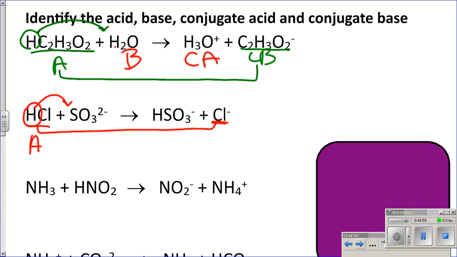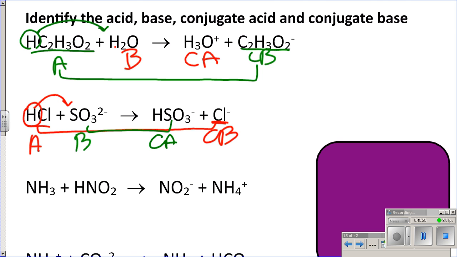So the HCl became Cl-, and it's a what? Conjugate base, right? You make the opposite. And sulfite in this case would be the base because it accepted, right? Bronsted bases are acceptors. And its partner in crime here is the conjugate acid.